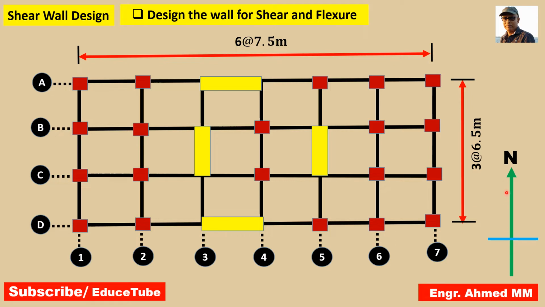Already I put the directions here, so wind load is acting in this direction. Surely that load is resisted by these two shear walls. And these two shear walls are equal and symmetric, so I have to design only one.